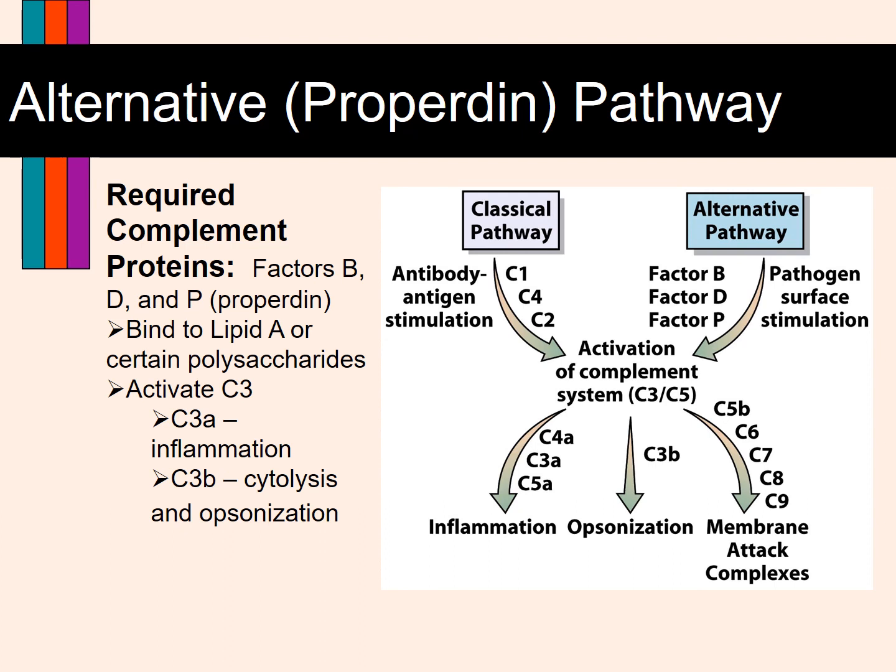I'm just gonna go ahead for the alternative pathway. It's gonna be exactly the same once you get to C3, but instead of using C1, C4, and C2 and being activated by antibody binding to antigen, the factors B, D, and P actually bind directly to lipid A or polysaccharides bound to the surface of the microbe, which would then activate C3.